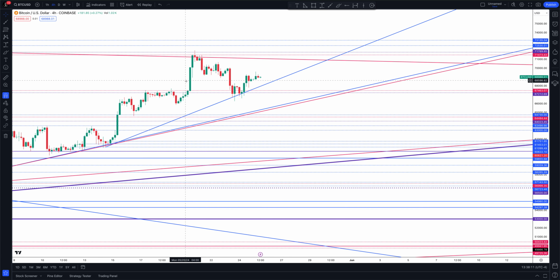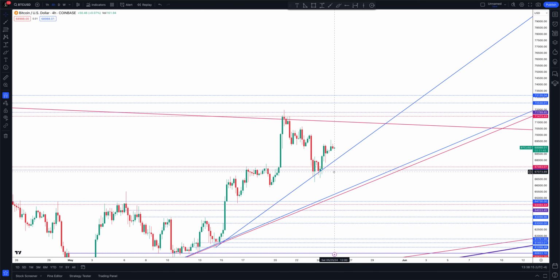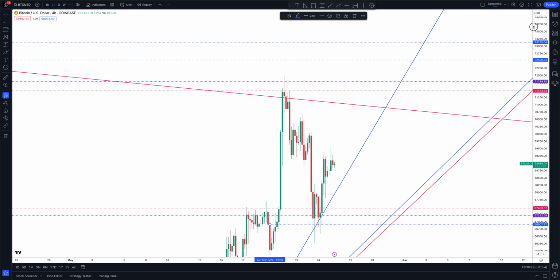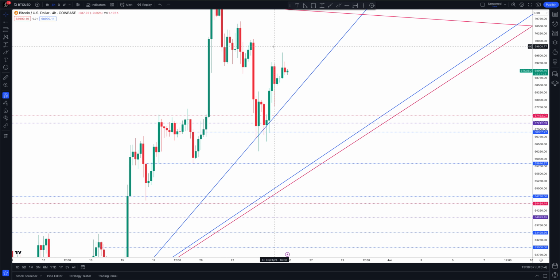Let's go to the 4-hour, see how that's looking on a more local time frame. All right. Well, if you guys want to be exact here, and if we're trading on the 4-hour, I'm going to make sure this visibility stays on the 4-hour. Okay, cool. And then we have a 4-hour level right here. Tested it as well.